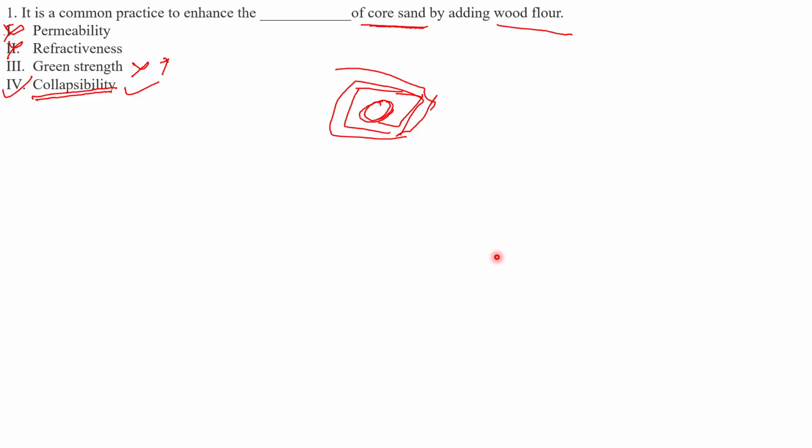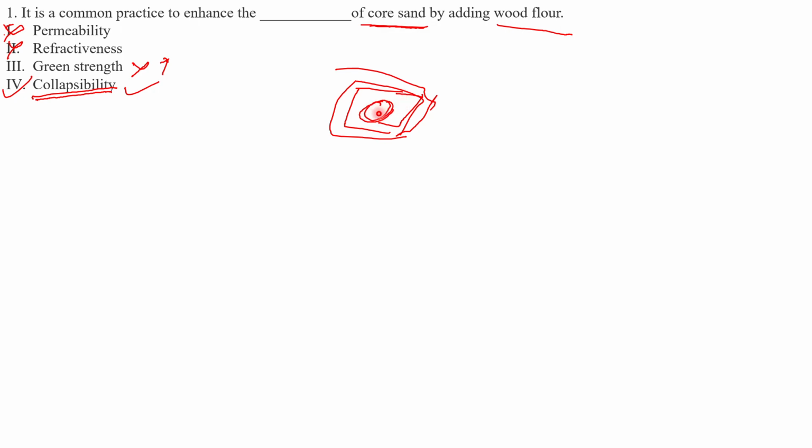Coming to the first MCQ question: it is a common practice to enhance the collapsibility of core sand by adding wood flour. The right answer was collapsibility, because when we are going to make a core, this is a casting, and this is a cavity. To create this cavity inside the casting, we use core material.